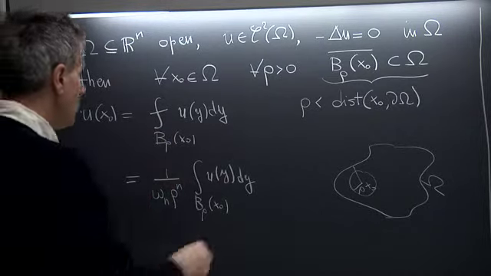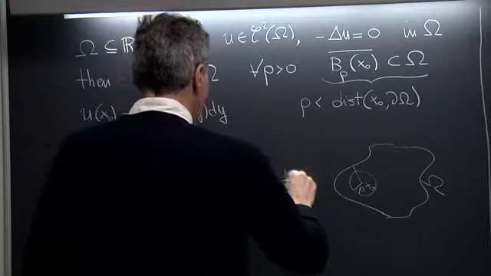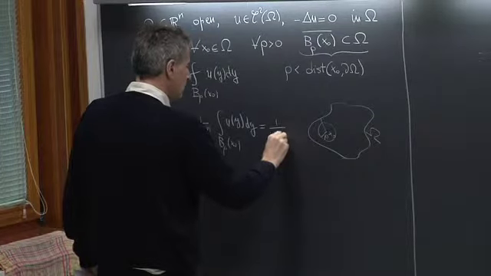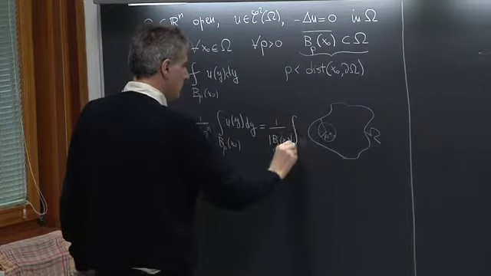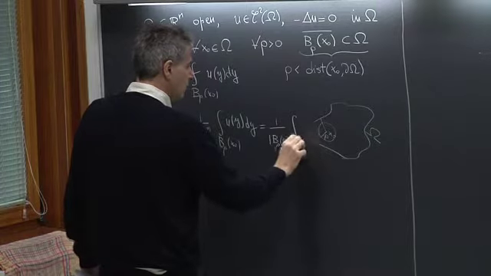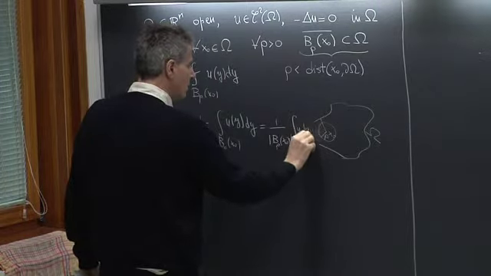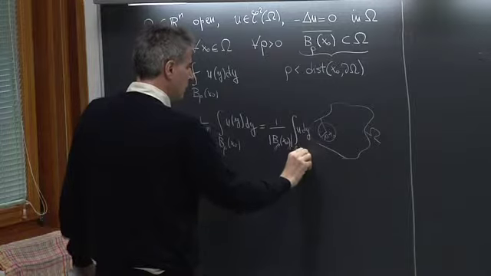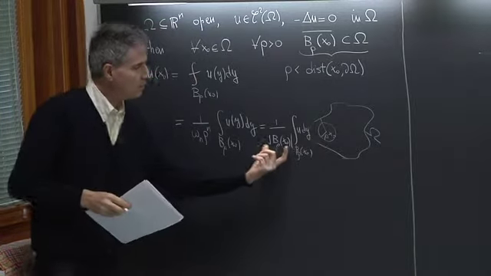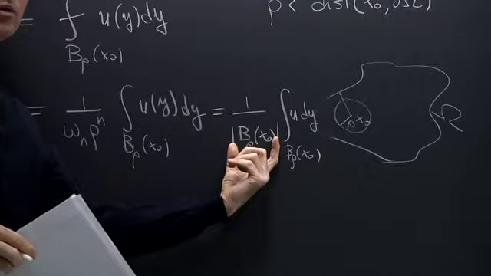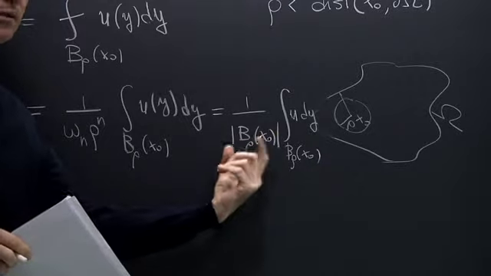Another notation that it is possible to find is this, the integral of u(y) dy, and this denotes the volume of the ball of radius rho centered at x naught.